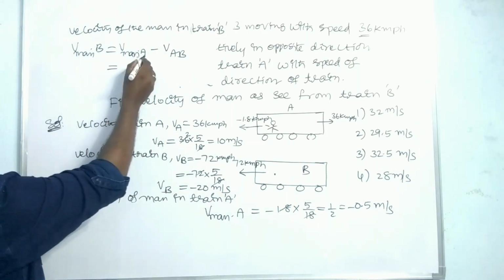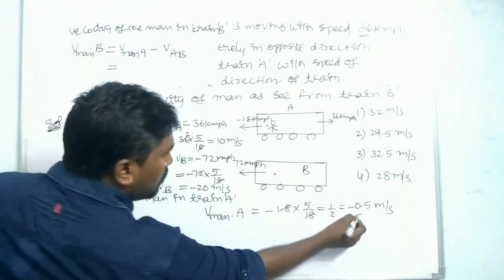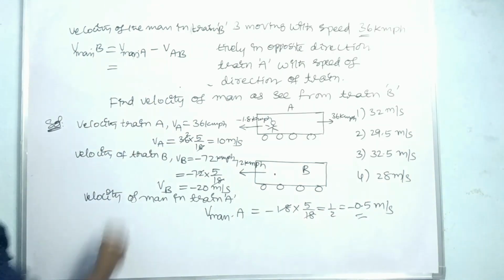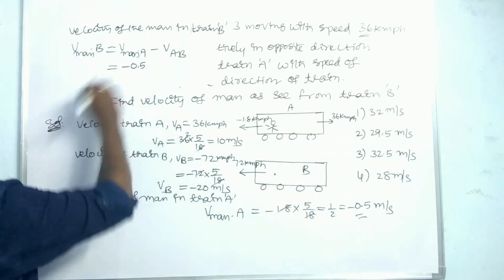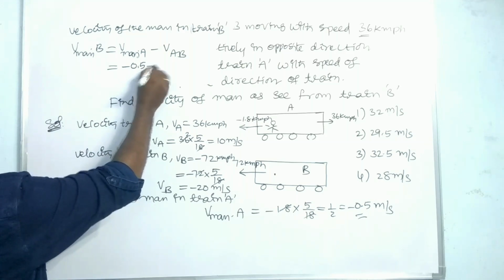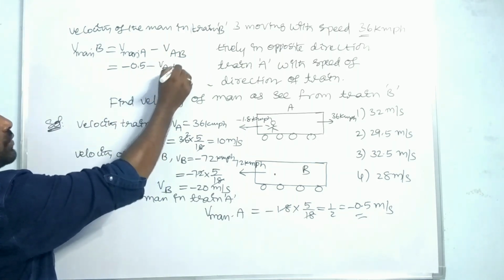So here the velocity of man in A is already known, it is minus 0.5, minus VAB, which is VA minus VB.